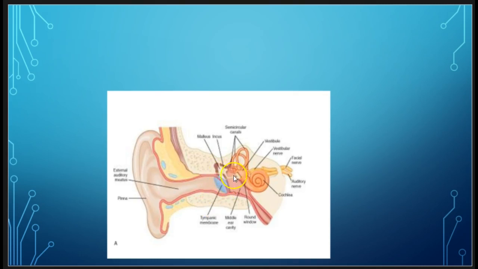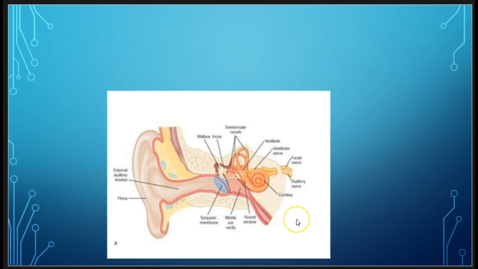As that moves back and forth, that is going to cause those waves to then propagate into this vestibular apparatus, which is then going to pass it on to the cochlea. The cochlea is then going to send the message that it is receiving from the outside to the auditory nerve, and that auditory nerve is then going to go to the brain, and there it's going to be interpreted, and that's how we're hearing the sounds that you're hearing right now, like me talking to you.